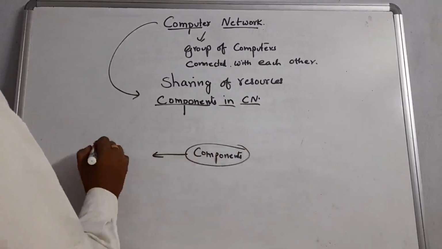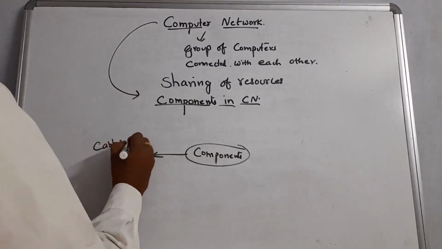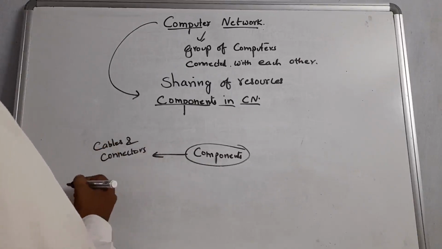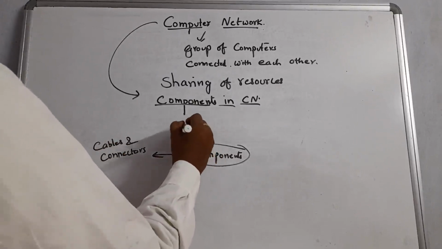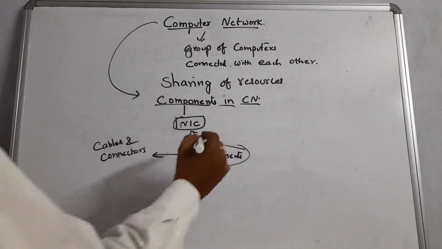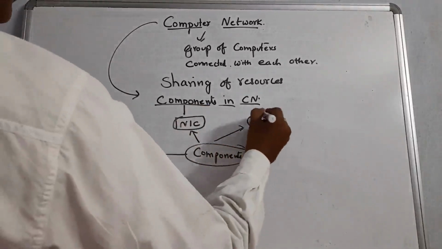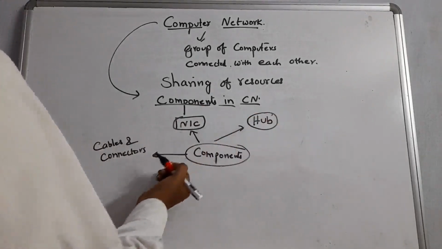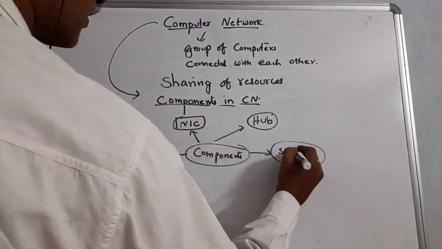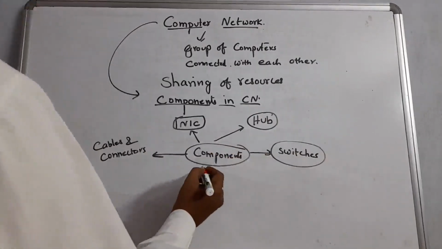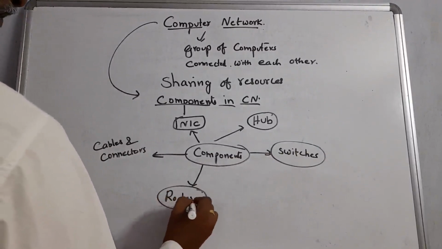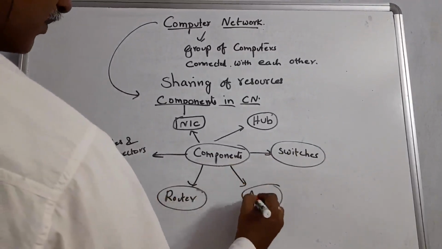It consists of cables and connectors, an NIC card, a hub, switches, routers, and it may have something like a modem.